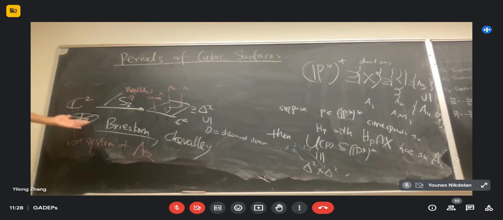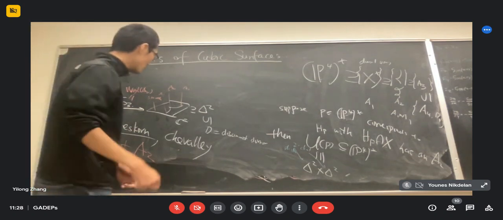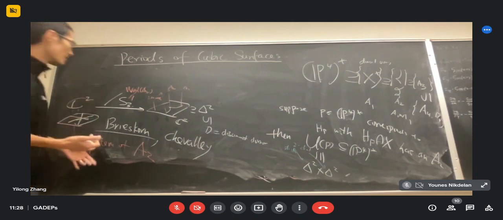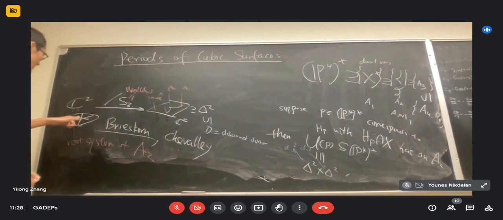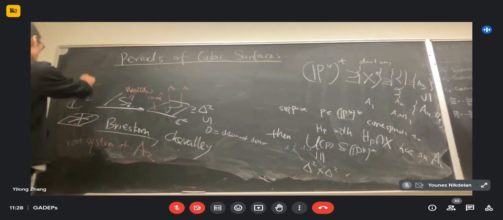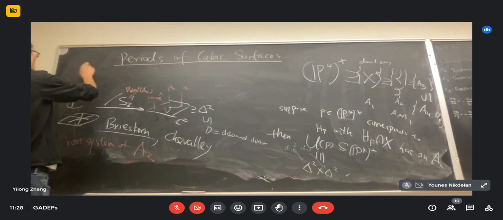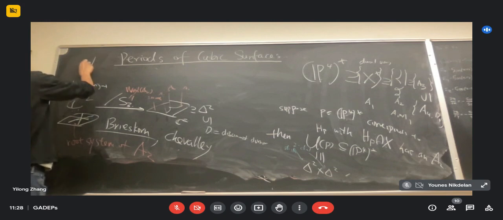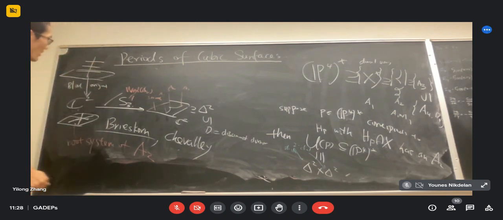And in this case, you can think about we just want to blow up this divisor, where the simplest case is just to blow up at the origin. So we obtain an exceptional divisor and 3 lines in this picture.